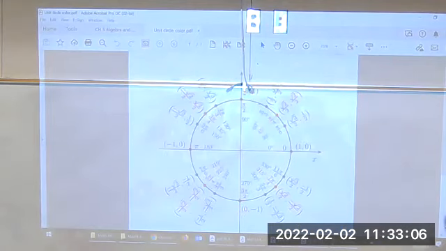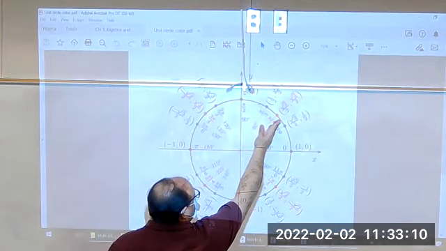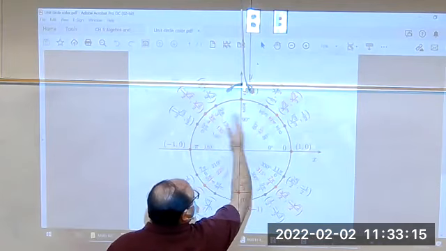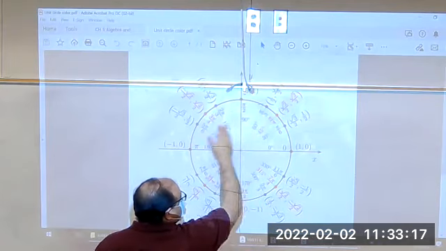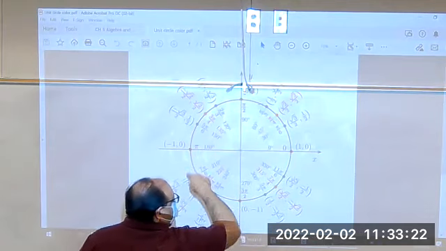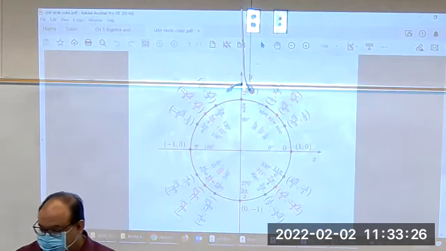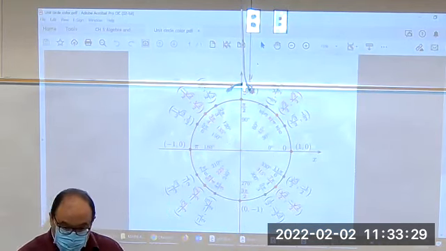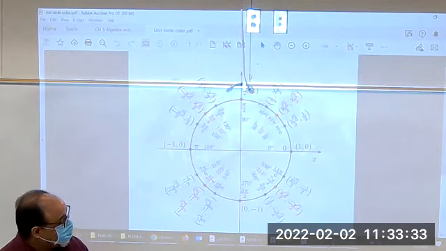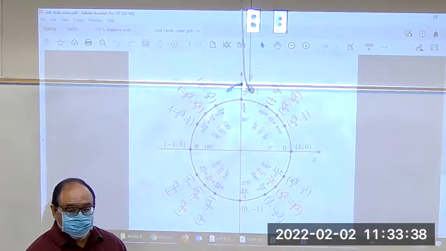Now, we've already done the angles and the radians. 30 is pi over 6, 45, that's a quarter of pi, 60 is a third, 90 is pi over 2. We've already done the radian degree mix-ups all the way around. But the unit circle that we did was not on an XY axis. Now we're putting it on an XY axis. And again, this is foreshadowing 5.3. It'll be on an XY axis, which means you have ordered pairs on the unit circle.